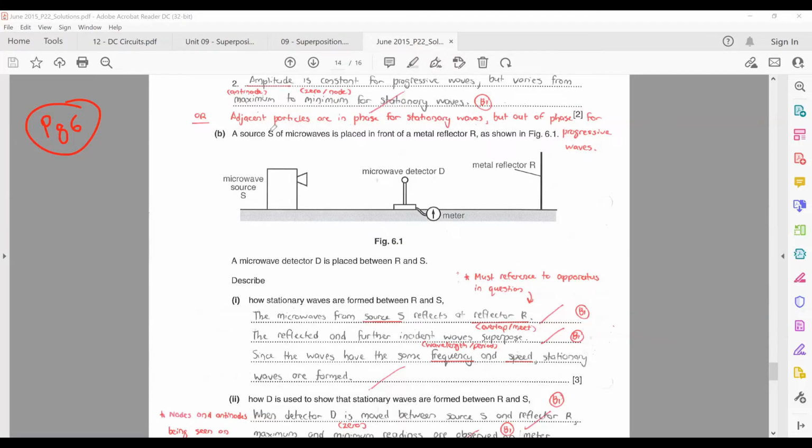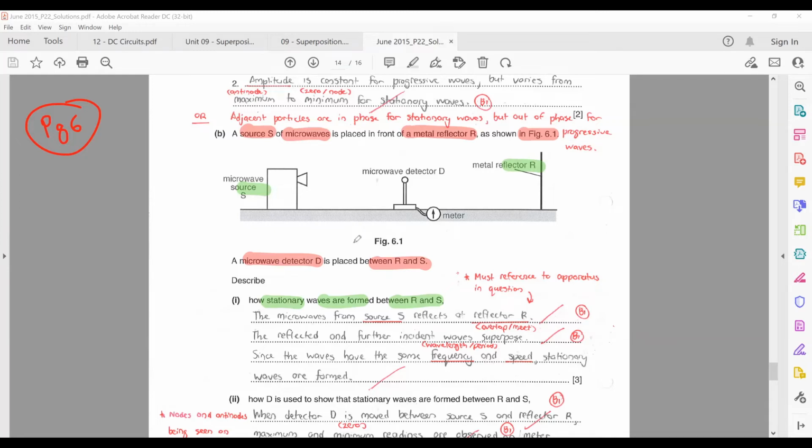Now you have a source S of microwaves that is placed in front of a metal reflector R as shown in this figure. A microwave detector D is placed between R and S. So R is here, S is here, okay? So they are asking you, describe how stationary waves would be formed between R and S. How are stationary waves going to be formed between those two points?